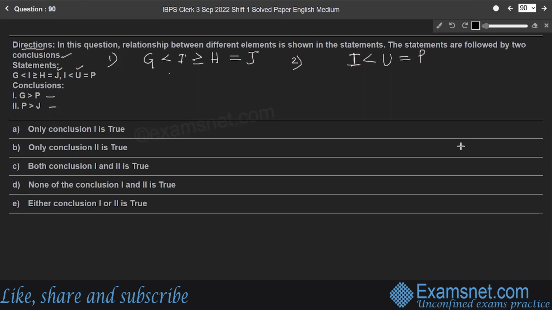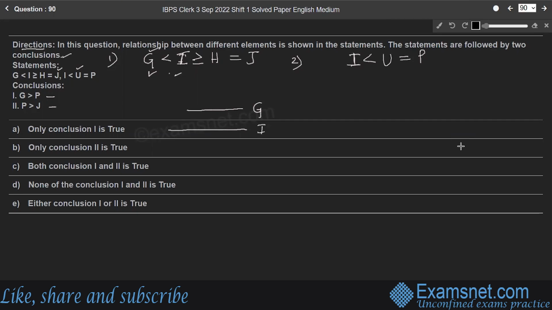So let us consider each letter G, I, H, J, I, U, P as lines, right? So that we can easily relate them, whether one is greater than, greater than or equal to, or less than the other, right? So consider G as a line, which is less than I. Here I is also a line, right?